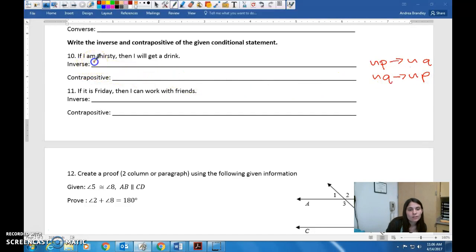So starting with the PQ order, if I'm not thirsty, then I will not get a drink.